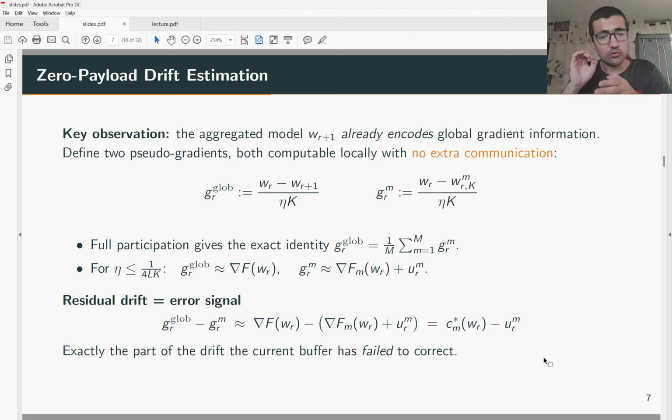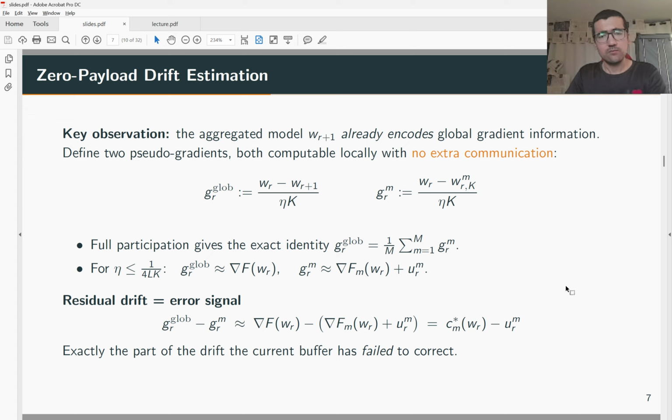And for a reasonably small learning rate, these pseudo gradients track the true gradients at the start of the round. The global one approximates the global gradient, and the local one approximates the local gradient plus the buffer that was applied during the round. Subtract the two, and look what you get here.